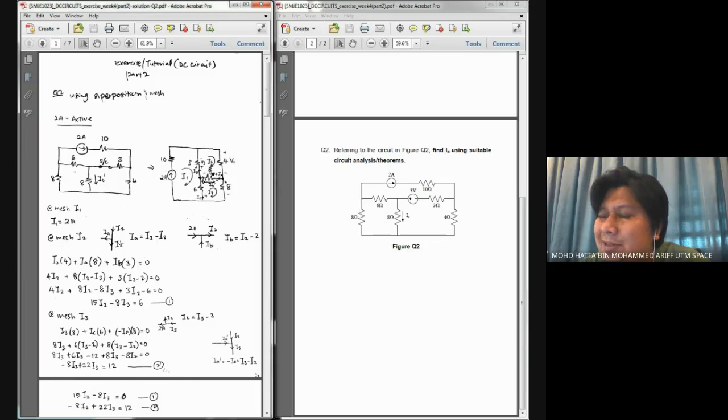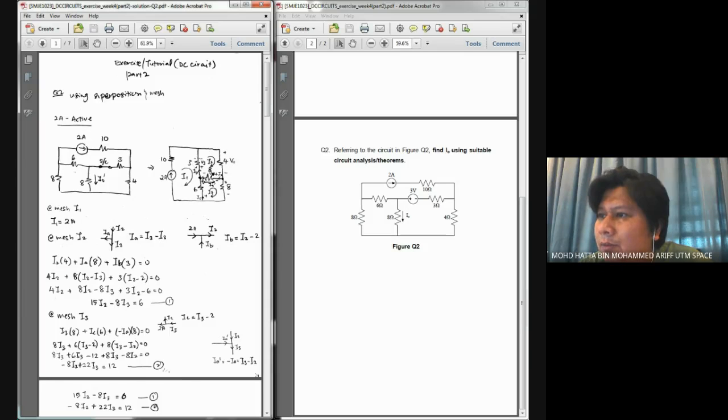And the voltage across this resistor is given by IA times 8, where you should know that the current flowing through this resistor should be the combination of loop number 2 and loop number 3. So that's why I put it as IA, because I need to first determine IA, where IA is given by I2 minus I3. This drawing is based on the point on the right hand side.